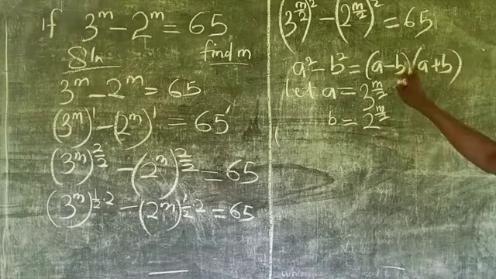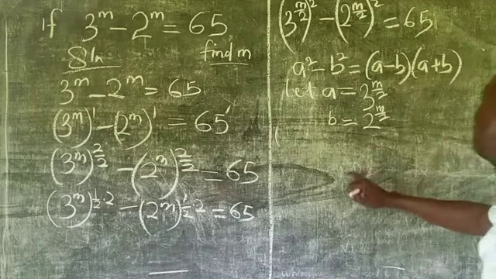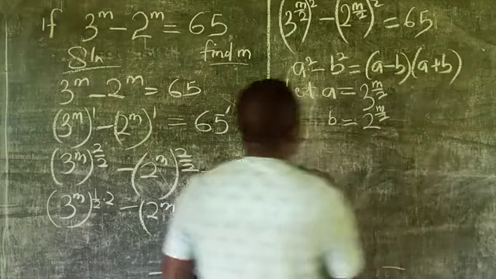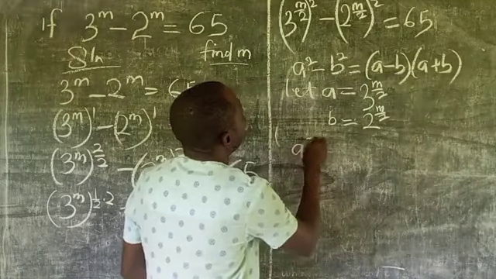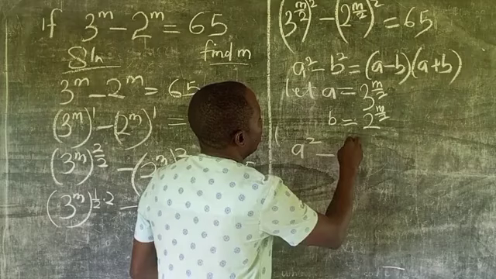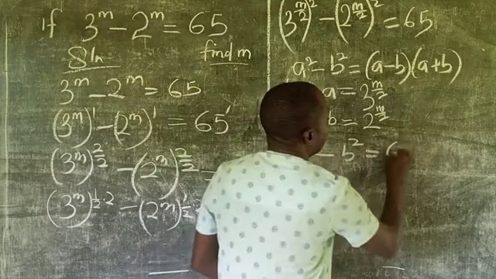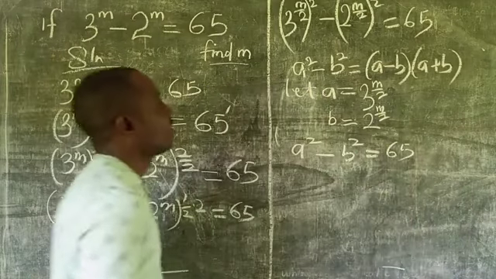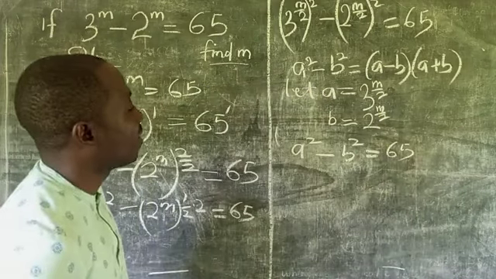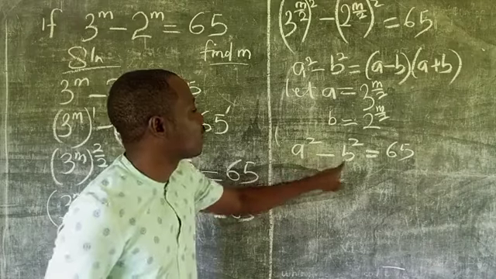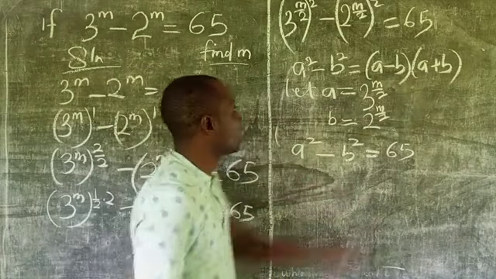That is to say, from here, I can say a squared minus b squared equal to 65. And what is a squared minus b squared? Difference of two squares.